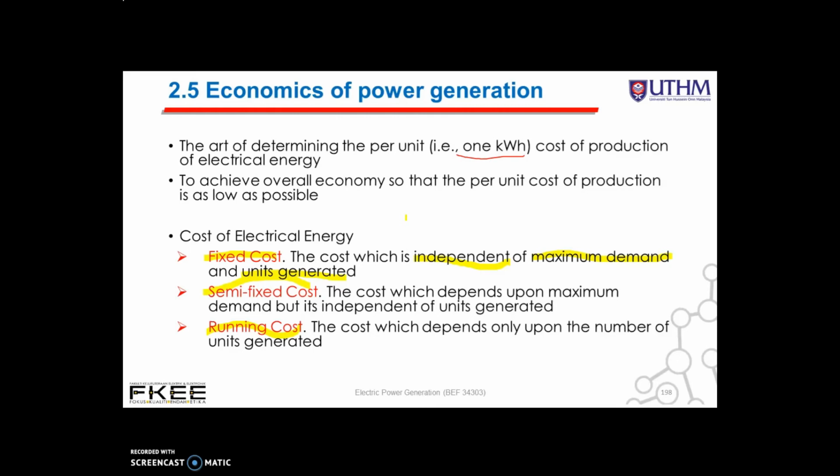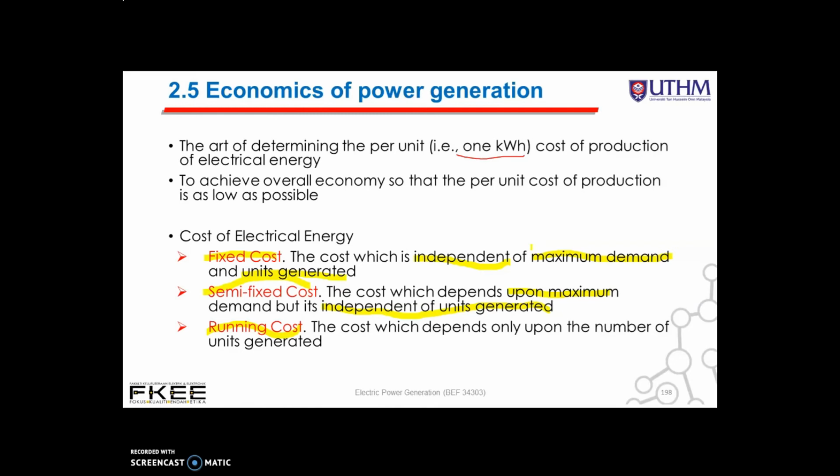And then the second one is the semi-fixed cost. Semi-fixed cost is the cost which depends upon the maximum demand, but is independent of units generated. The semi-fixed cost is directly proportional to the maximum demand of the power station and is on account of annual interest and depreciation on capital investment of building and equipment, taxes, and salaries of management and clerical staff.